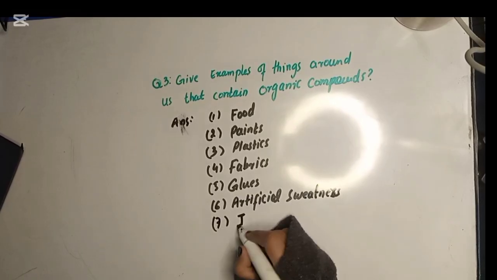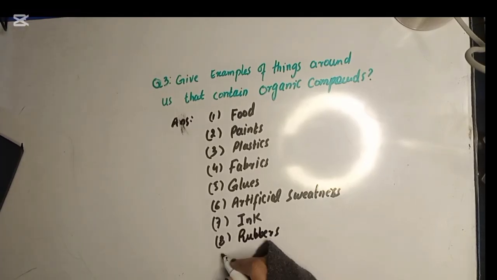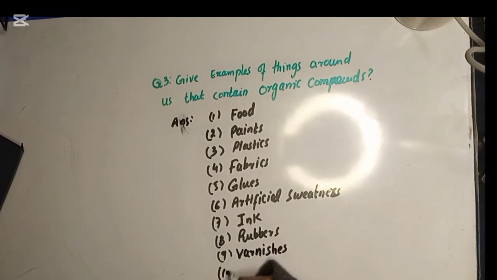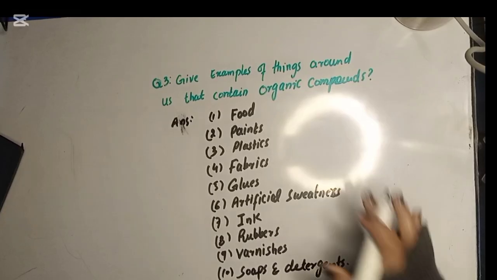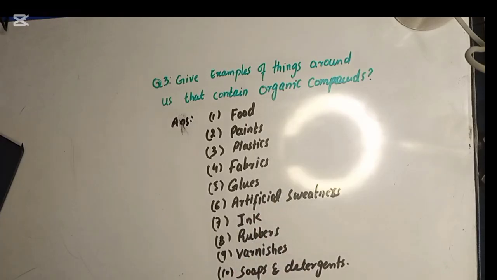Number seven, ink. Number eight, rubber. Number nine, varnishes. And number 10, soaps and detergents. These are a few examples of things from our surroundings that contain organic compounds.